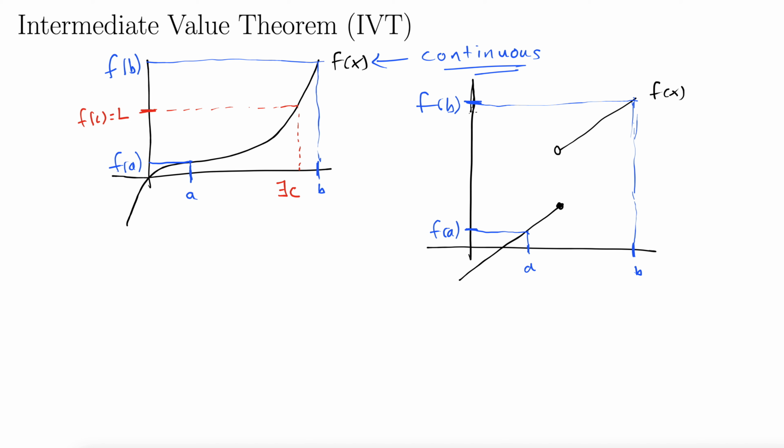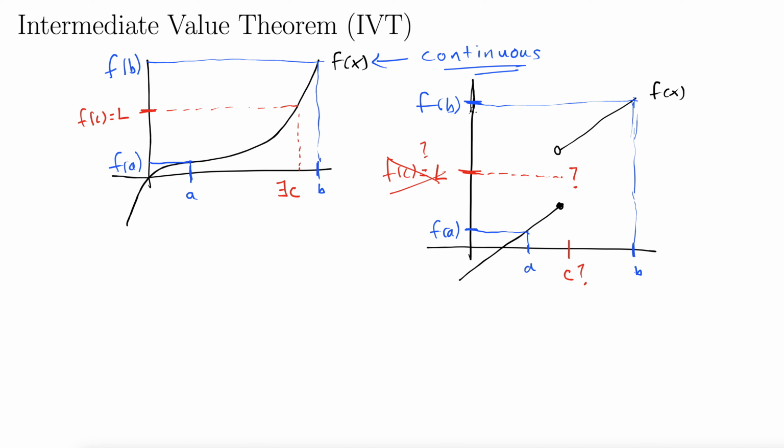Okay, so now if we wanted to take any L, let's pick an L here, some L between f of A and f of B. Well, is there some C between A and B that gives us L when we run it through the function? So is there a C? No, there's no C that I can plug in to get f of C equal to L. It doesn't work because the function is not continuous. It's just this gaping hole right here.